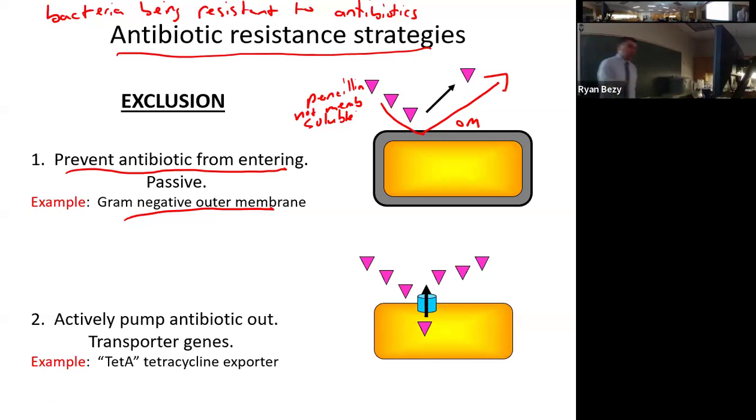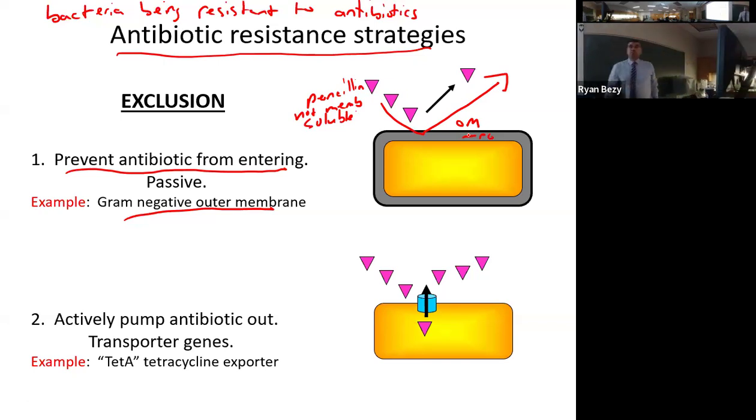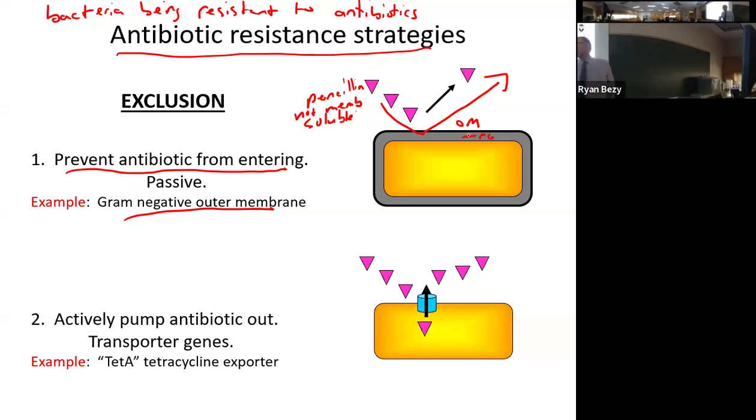No, because the target, the peptidoglycan, is over in here under the outer membrane. And it turns out penicillin cannot kill gram-negative bacteria. Can it kill gram-positive bacteria? Yeah, just fine, because they don't have an outer membrane, and their peptidoglycan's on the outside.